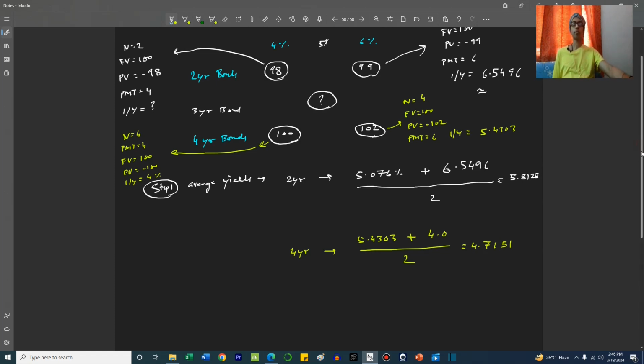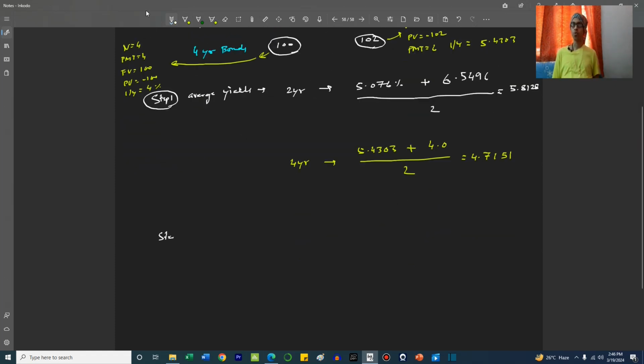Now we go to step 2, which is finding the weight of yield for the longer duration bond, that is the 4-year bond. Now there is a formula for this.